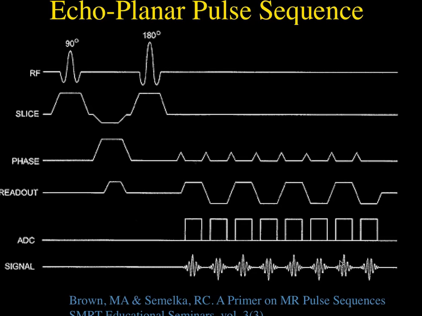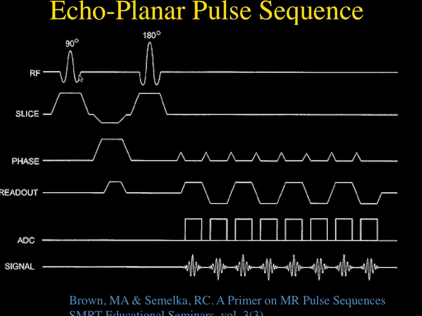Because you don't have a 180-degree pulse on these, it's all gradient echo pulses. You don't have all the RF that you have to put in for regular fast spin echo imaging. And you can acquire up to 128 or 256 images and get an image on a single TR. These kinds of pulse sequences have kind of poor contrast because it's spread out in TE, but it's mostly a T2 weighted contrast.